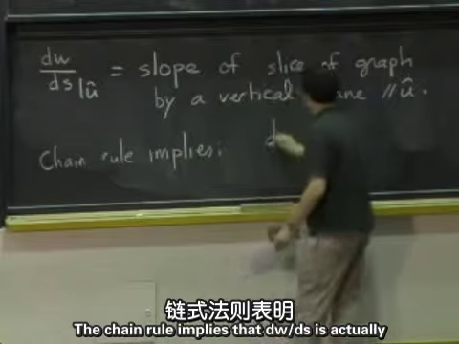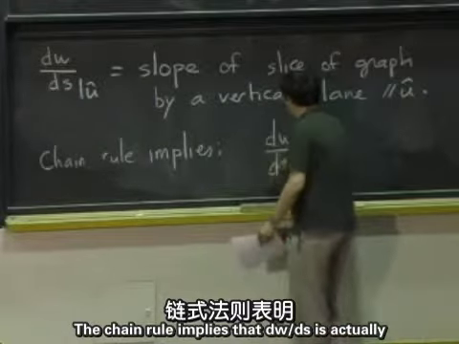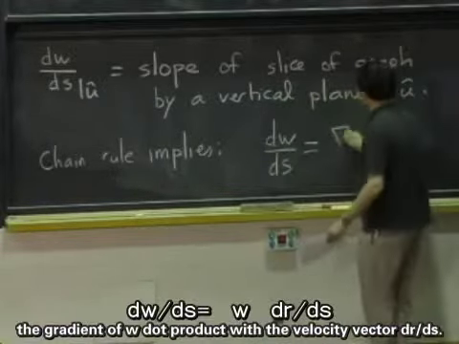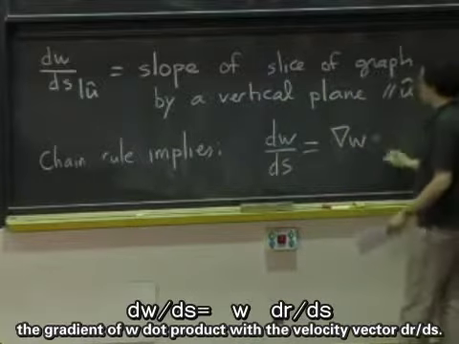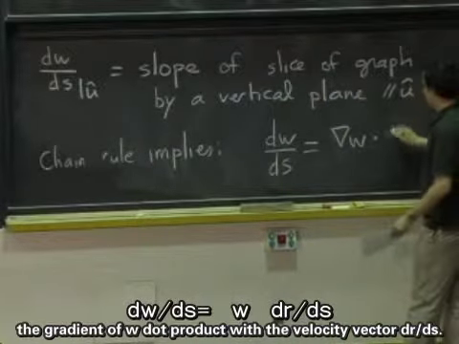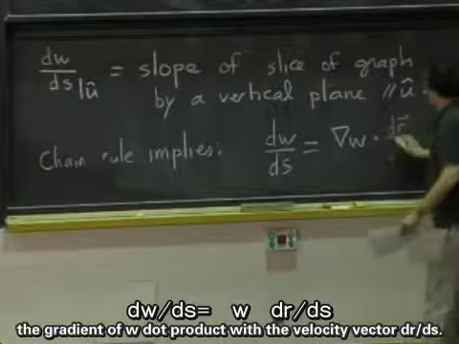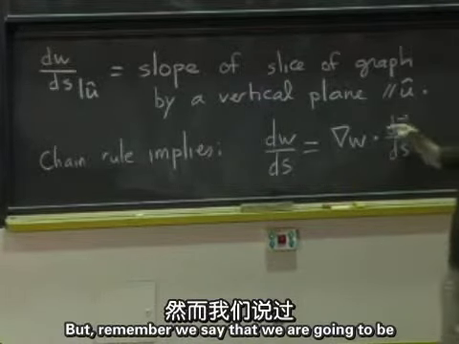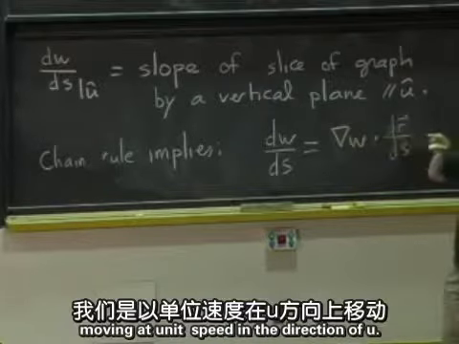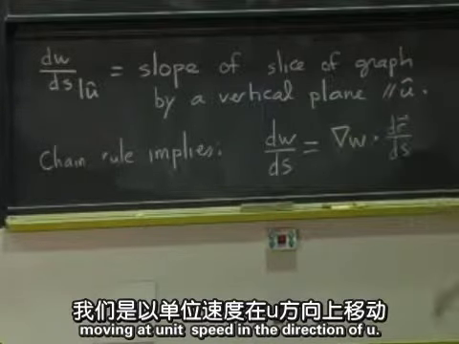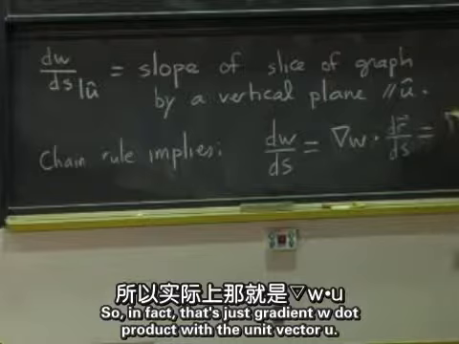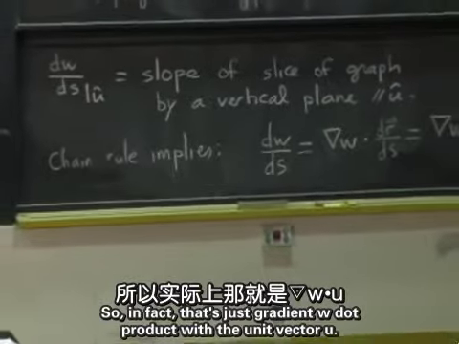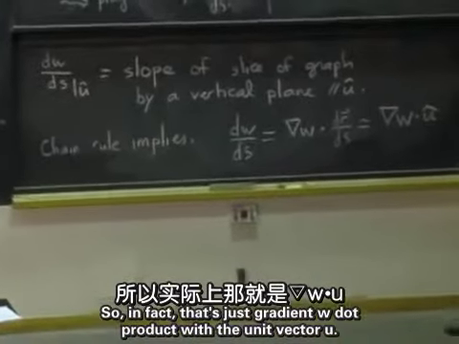that dw by ds is actually the gradient of w dot product with the velocity vector dr ds. But remember, we said that we are going to be moving at unit speed in the direction of u. So in fact, that's just gradient w dot product with the unit vector u.